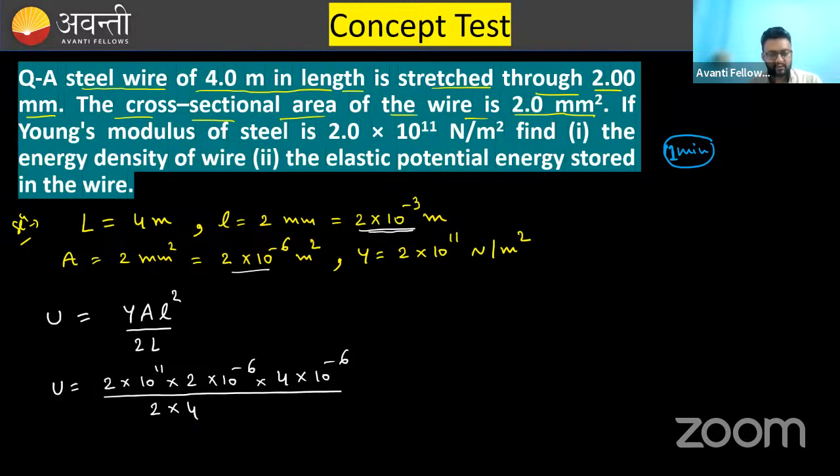Now cancel things out: 2 cancels with 2, 4 cancels with 4. So U will be 2 into 10 raised to the power minus 6 minus 12 and 11 minus 1, that is 0.2 joule.